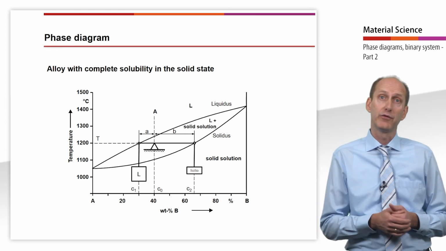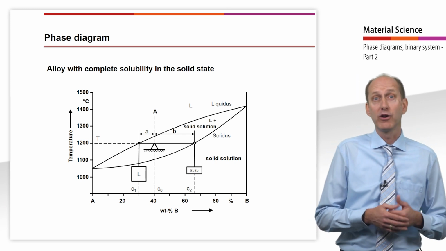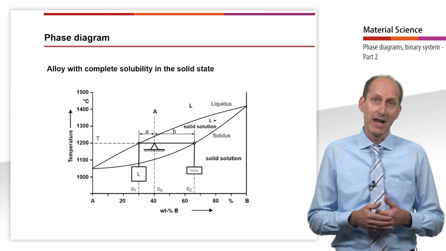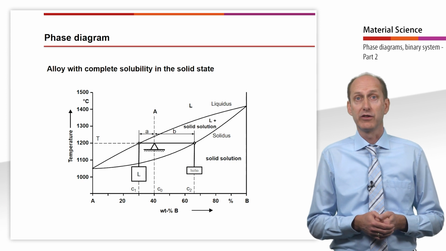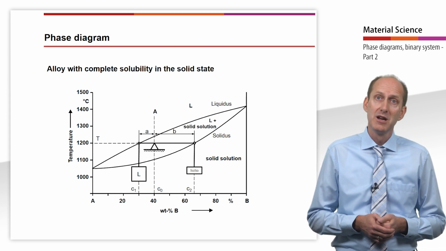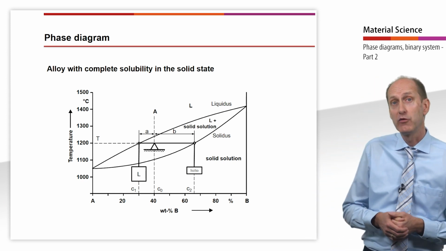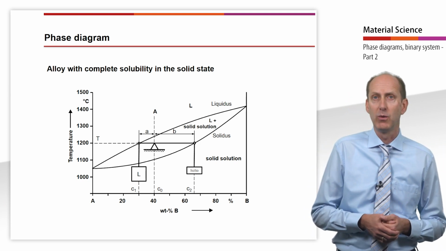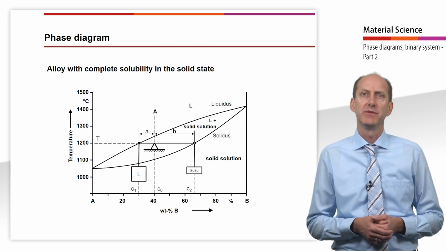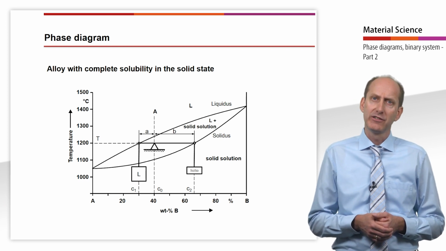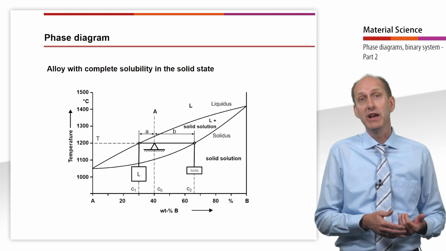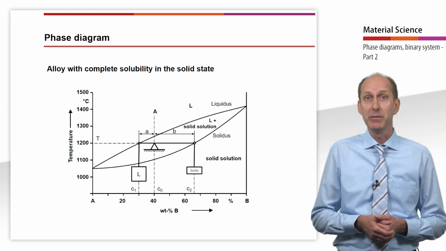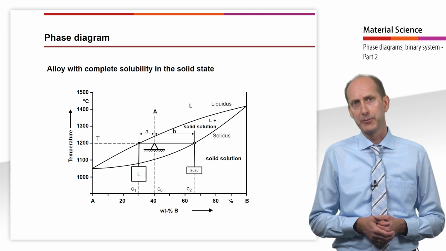It is assumed that, for example, the mass of B in the solid solution portion, mass M solid solution, with the concentration C2, plus the mass of B in the remaining melt, mass ML with the concentration C1, at any temperature in the two-phase region has to be exactly the same as in the original melt A with a mass M and the concentration C0.